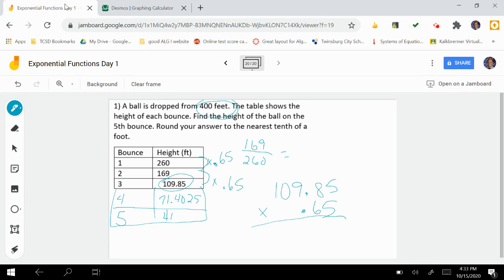And it says round to the nearest tenth, so the 0.11 we're going to keep. So that final height is 46.4 feet. And we just followed that equation.